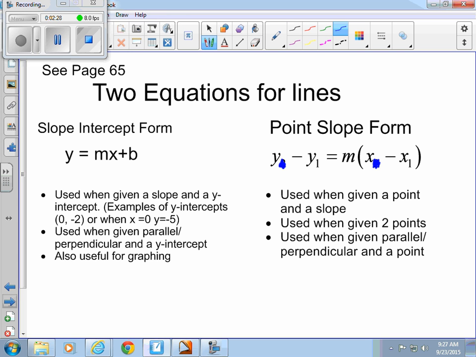We are very familiar with slope-intercept form, but it has a lot of downsides. The only time we can use slope-intercept form is if we have a slope and a y-intercept. That is very limiting, right? Often we don't have those two things.